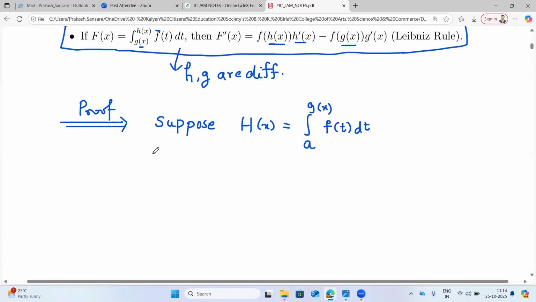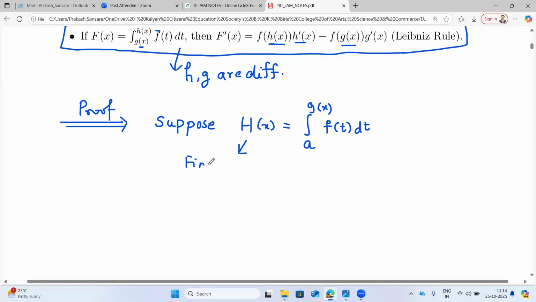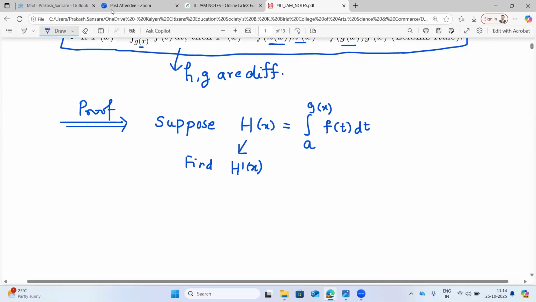Then if somebody asks me what is the derivative of this, h'(x), how will I calculate this?